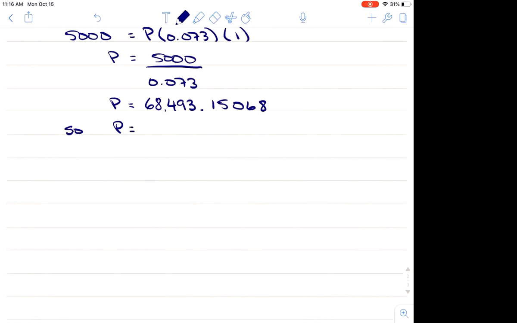So we have to round to 2 decimal places, right? So P must be 68,493 and 15 pennies. And if you skipped the 5 decimal places to just the 2, that's fine by me. I'm just showing you what to look for.